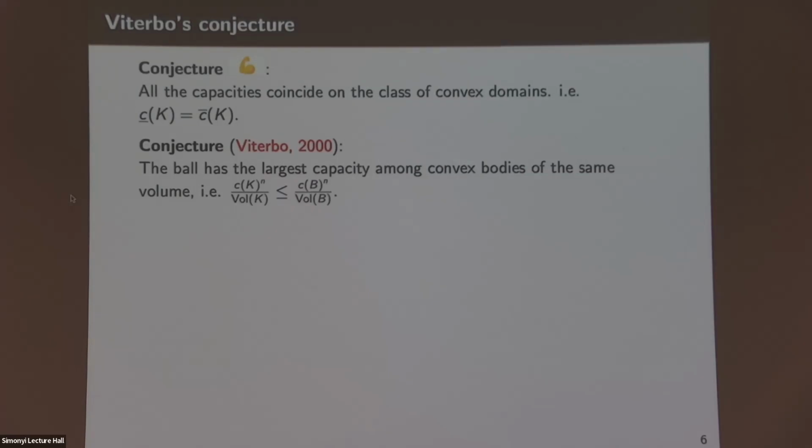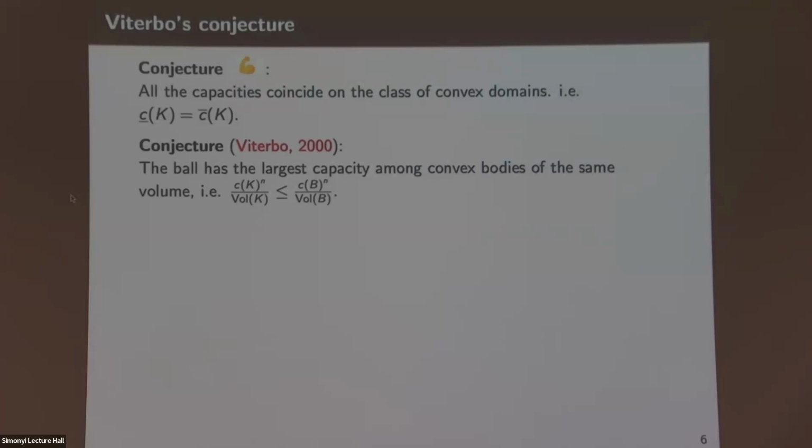Let me draw your attention to the fact that there is something a little bit strange here: essentially, the use of the word convex. Convexity is not a symplectic property, and it is not preserved under symplectic maps. In general, if you give me some domain, it is very hard to say whether it has a symplectic image which is convex.